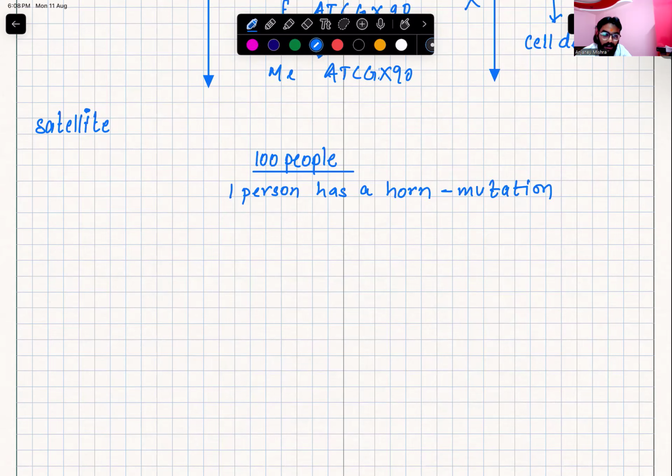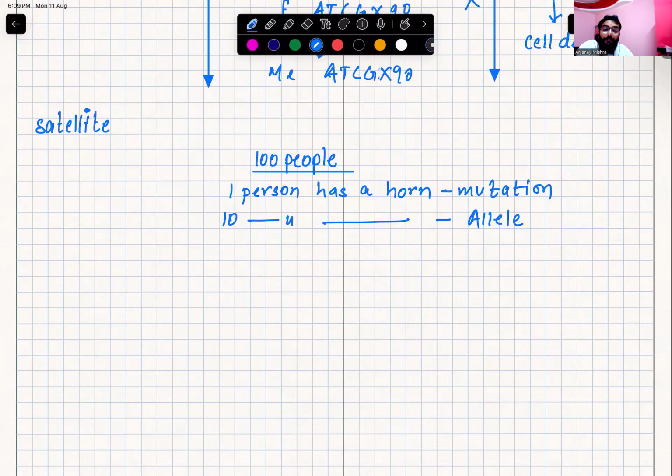Beta, this is getting recorded, don't worry. Second, 10 people start showing this horn. Now it has become an allele or a feature. So when a particular character starts becoming visible in multiple people, then it becomes an allele. Otherwise, it is just a mutation.